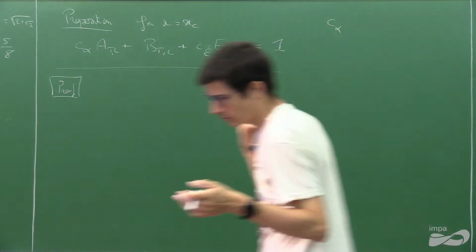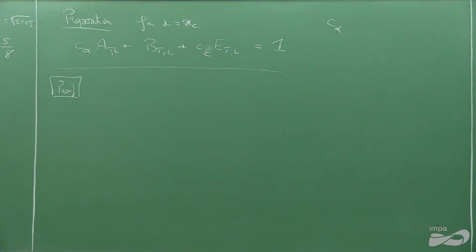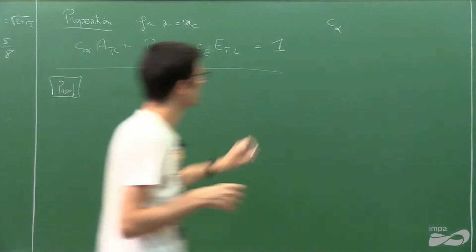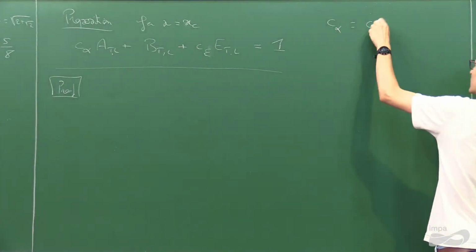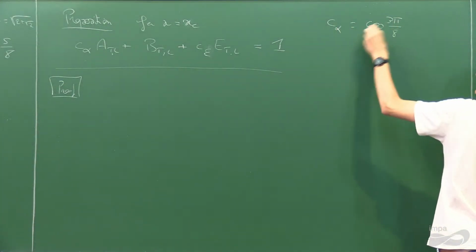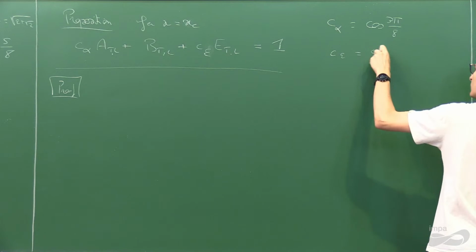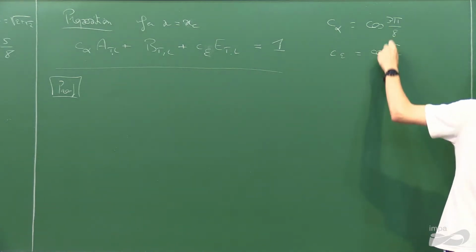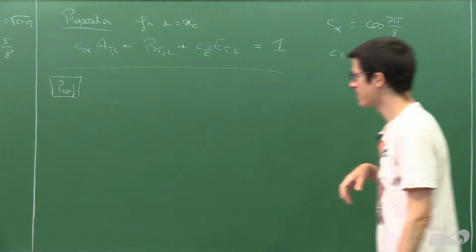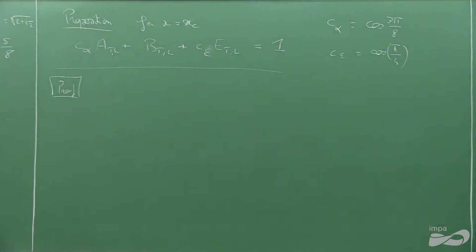So what are their values? C alpha is cos 3 pi over 8, and C epsilon is equal to cos pi over 4.